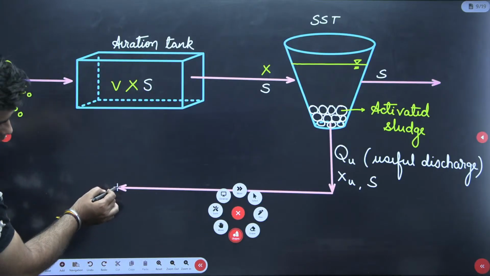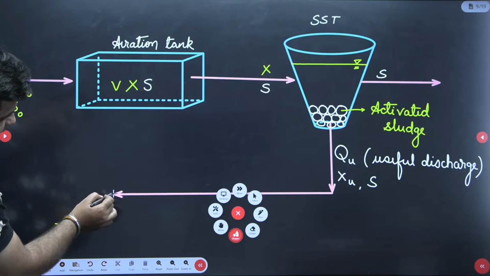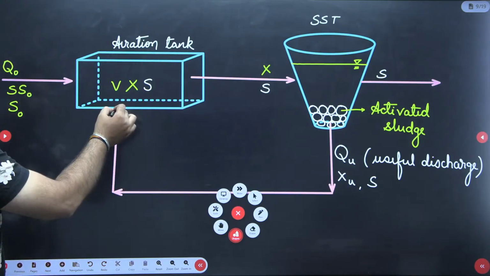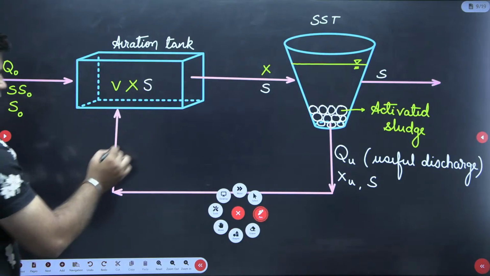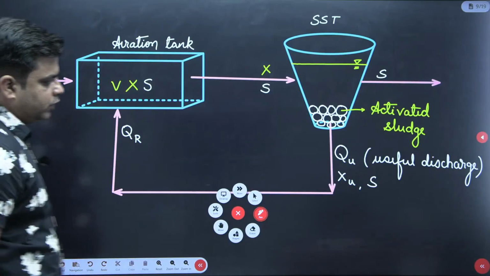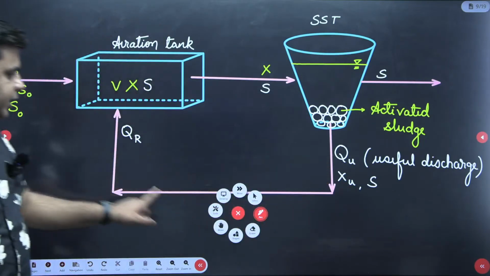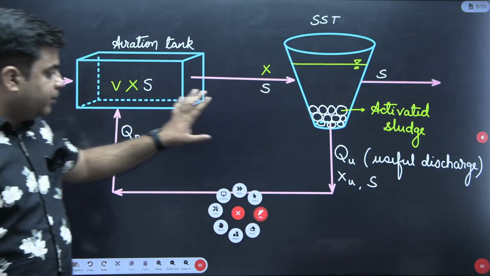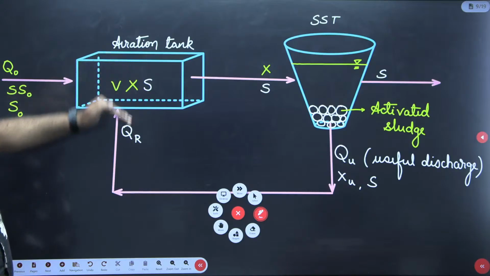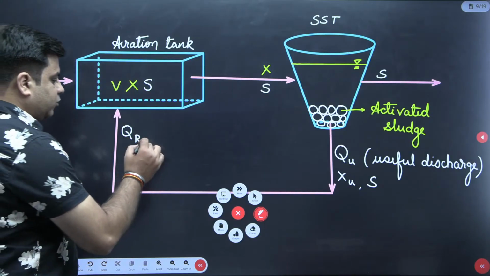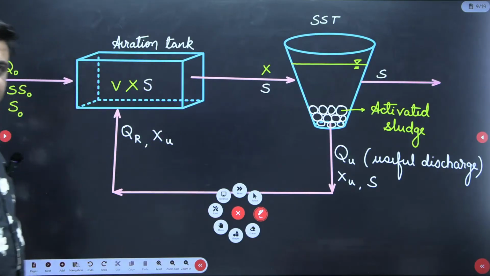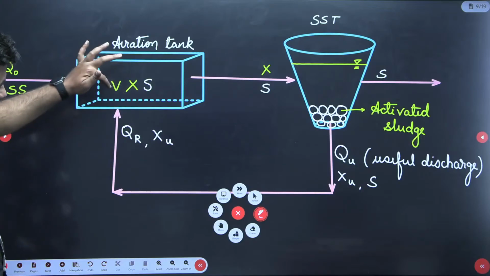So this is the recirculated discharge. Along with this recirculated discharge, the amount of biomass which is re-entering into the aeration tank is XU. And QR is recirculated back.